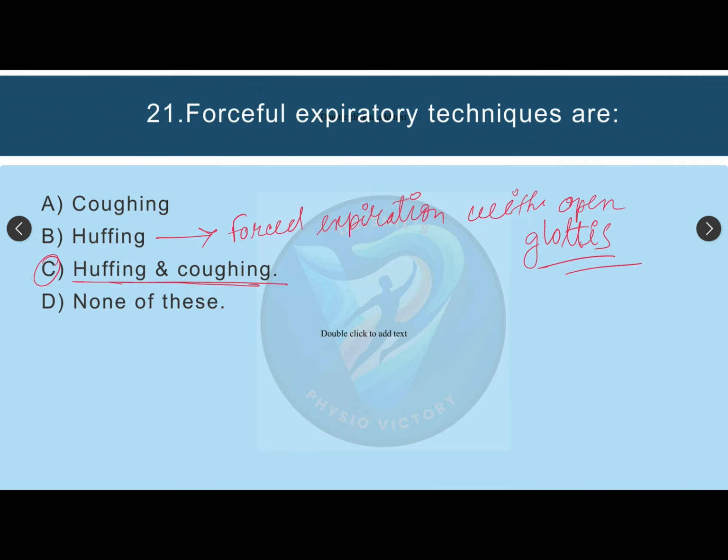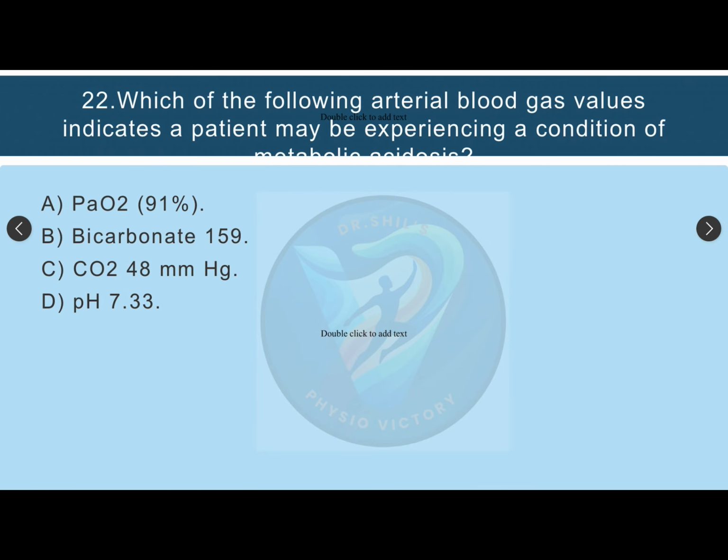Next question, question number 22. Which of the following arterial blood gas values indicates a patient may be experiencing a condition of metabolic acidosis?